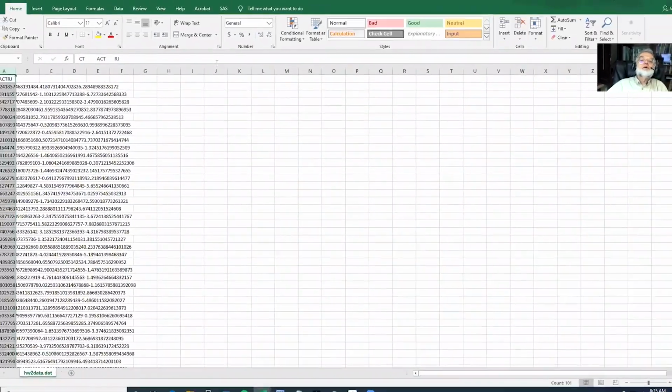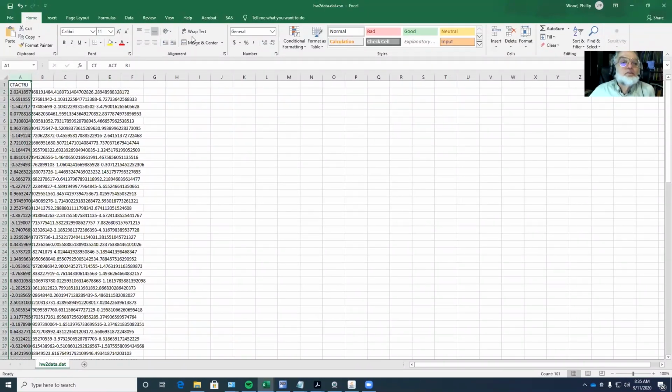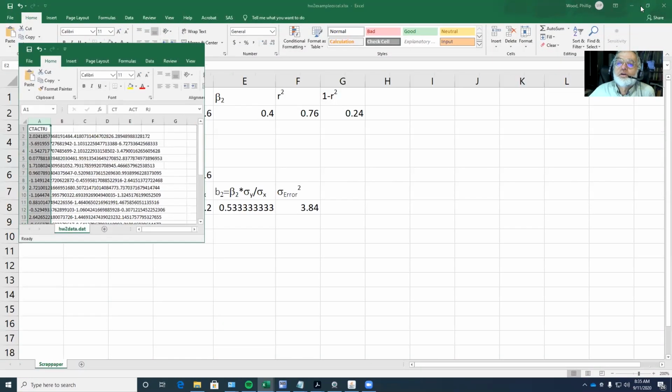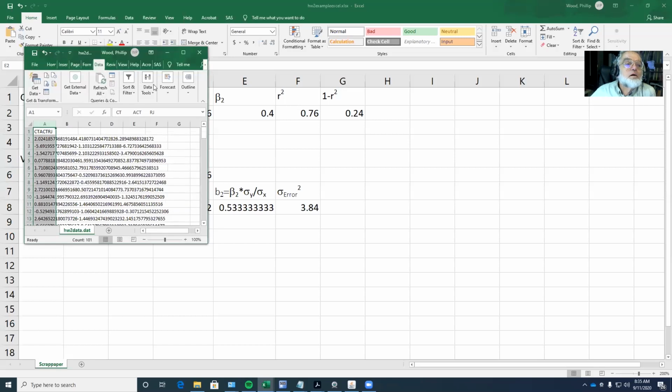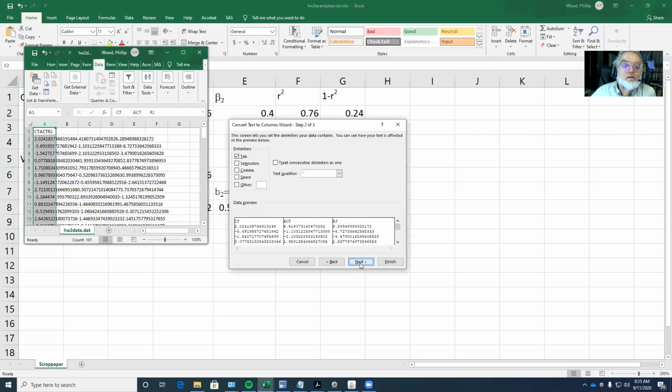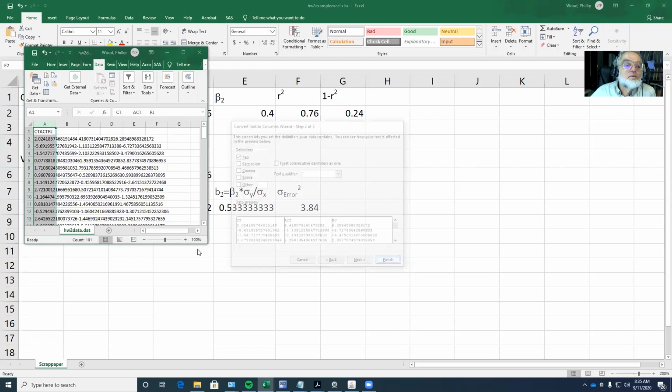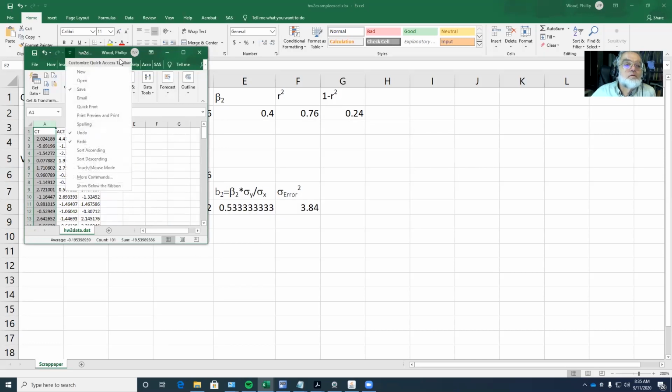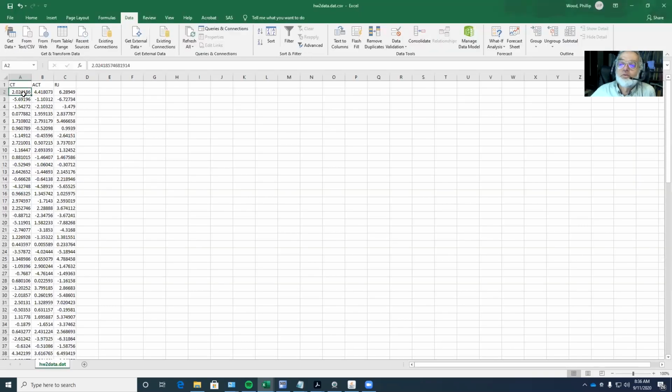I might have to use the text to columns thing to bring it down here, but there's the data. Those are the numbers. So you can take that data set if you wished and read it into R and analyze it there, or SPSS or SAS or anything.